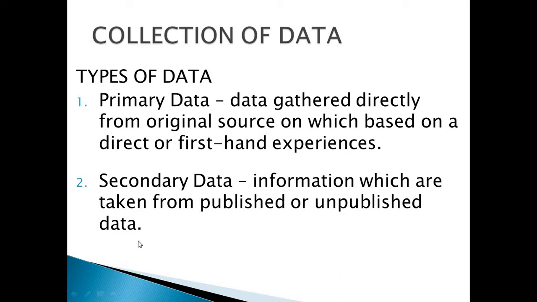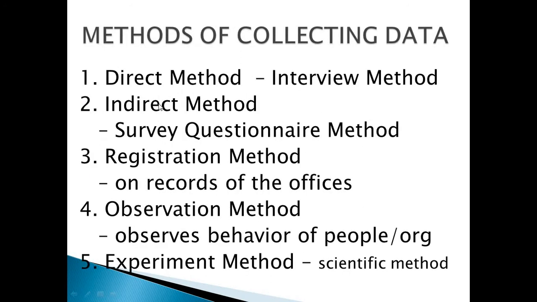And secondary data is information taken from published or unpublished data. An example of primary data would be diaries and autobiographies. For secondary data, you'll have published books, magazines, newspapers, biographies, and business reports. So those are secondary data.